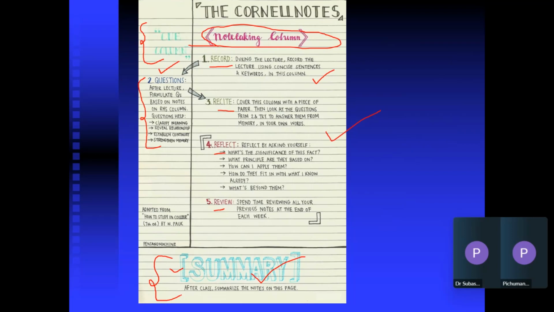So, where will Cornell's method be very useful? If you ask that question, the main thing is it is very useful in lectures. So when I say lectures, you can think of any communication on a new topic. Okay.